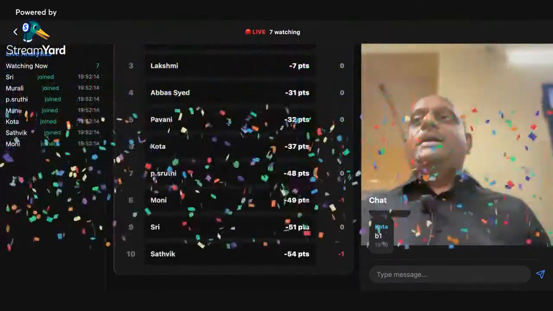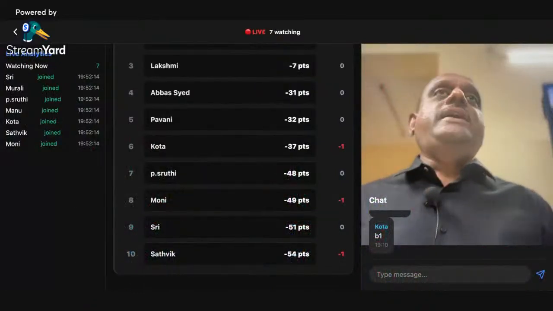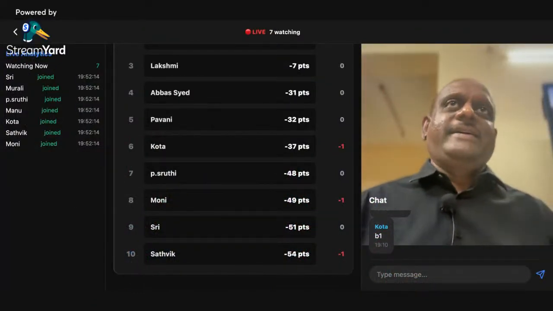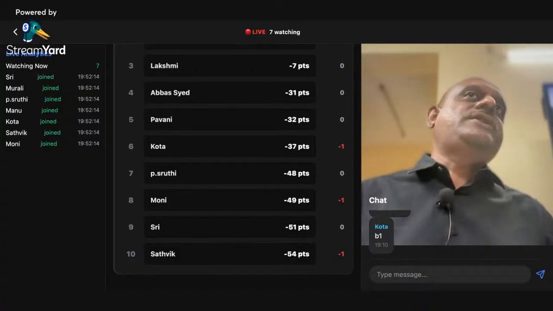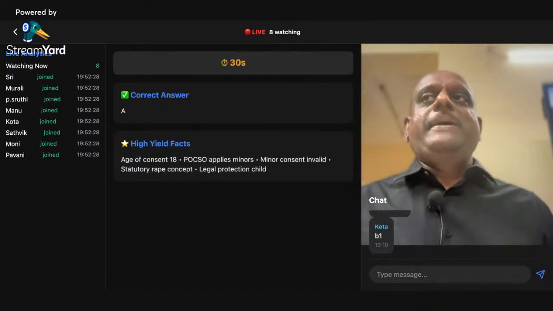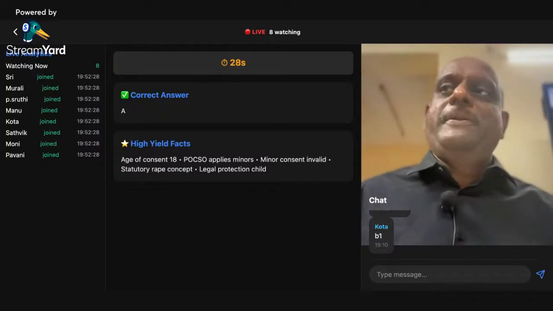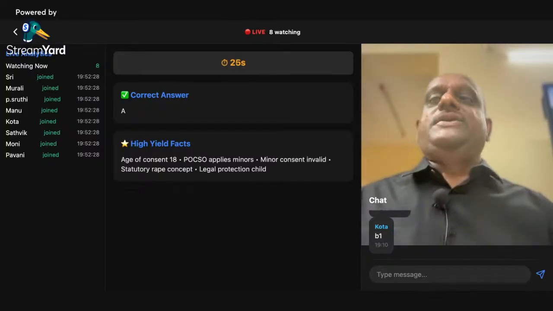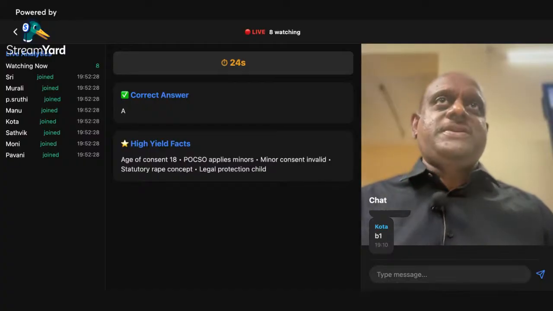Remember, consent is invalid if the girl is under 18. Even if she says consensual, if she is below 18, the parents' opinion prevails. POCSO applies for minors. It is a non-bailable offense.